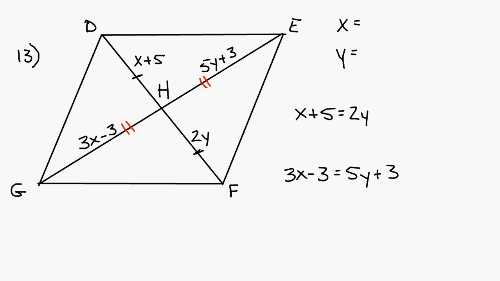Now, like I said, you've got an x and a y in both equations. So in this case, what you do is you solve for one variable first. So the easiest thing to do right here is to solve for x. If you solve for x by subtracting 5 from each side, then x is going to be equal to 2y minus 5.